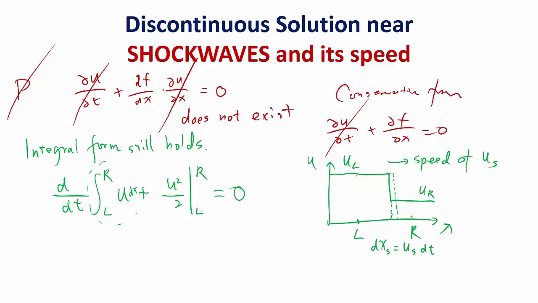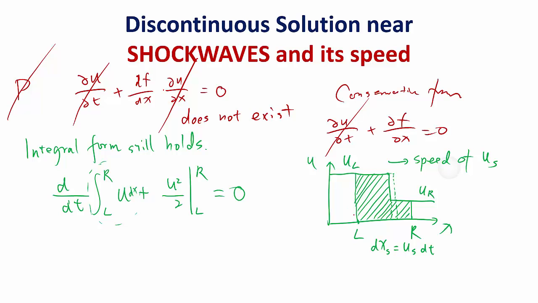The integral has changed. Let's represent the integral as the space below the solution, right? So before the shockwave has moved, this is the integral. Oh, sorry, it should end at R. So this is the integral before the shockwave moved.